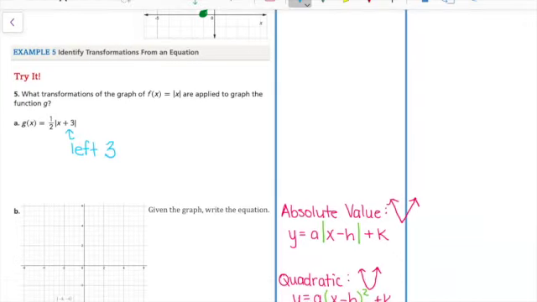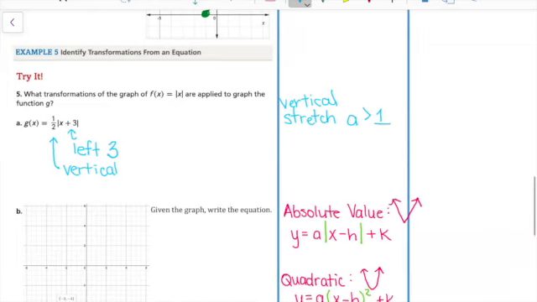And then if I have a number on the very outside, that is a vertical stretch. So a vertical stretch happens when the number out front, so we'll call it A, is greater than 1.